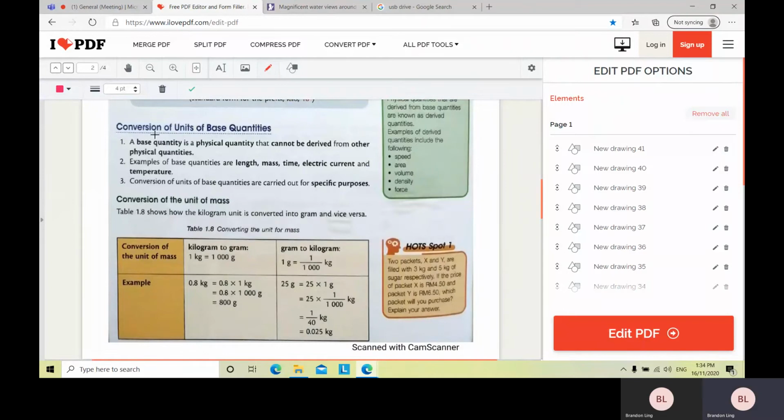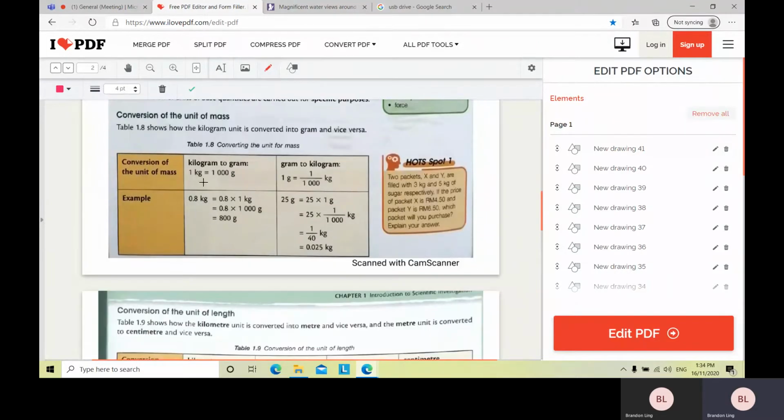So next we move on to the conversion of unit of base quantities. A base quantity is a physical quantity that cannot be derived from other physical quantities, such as length, mass, time, electric current, and temperature. So these are the 5 basic quantities that we have mentioned just now.